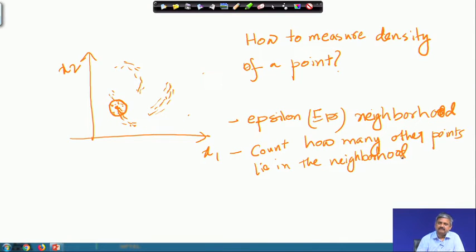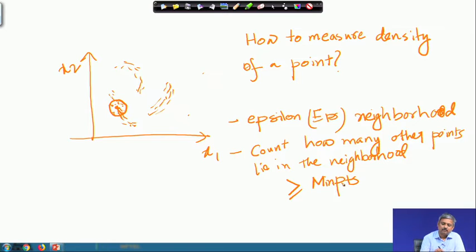And if that number is relatively high, how do you decide? You check whether this count is greater than or equal to some threshold that we set called min PTS, maybe 5 or 7 or 9. It is a count, an integer.